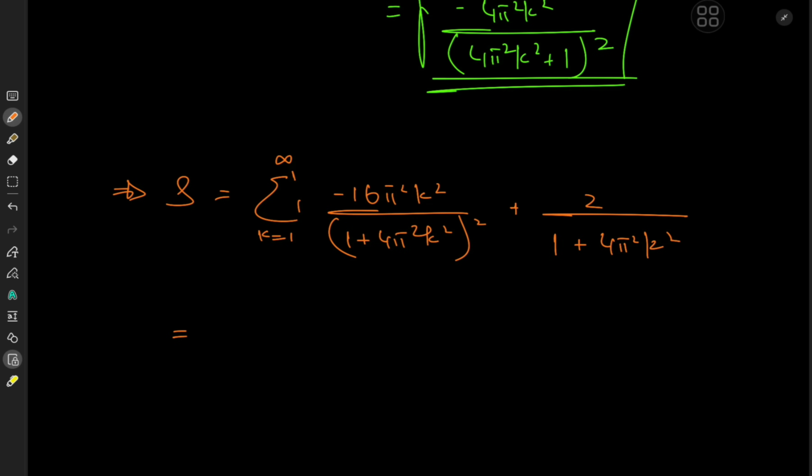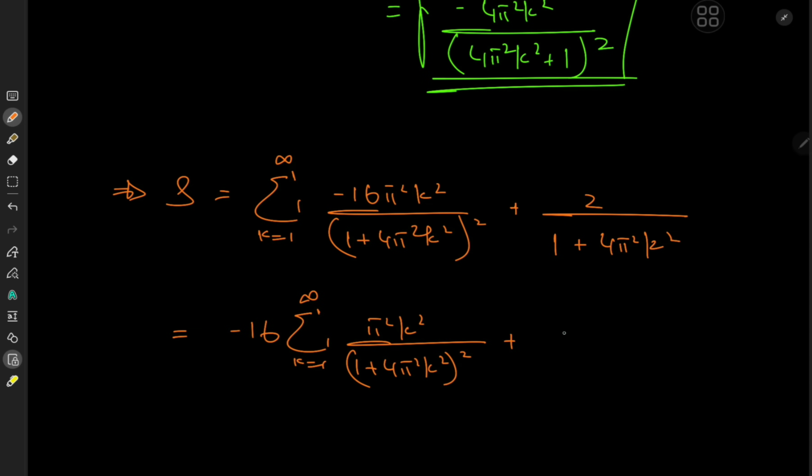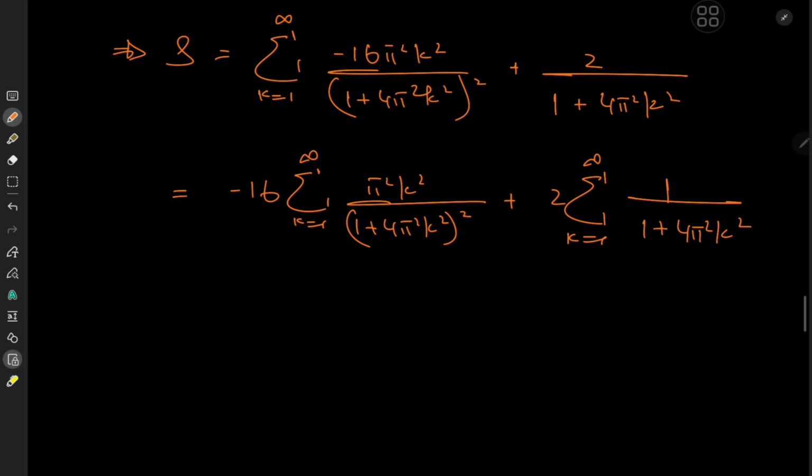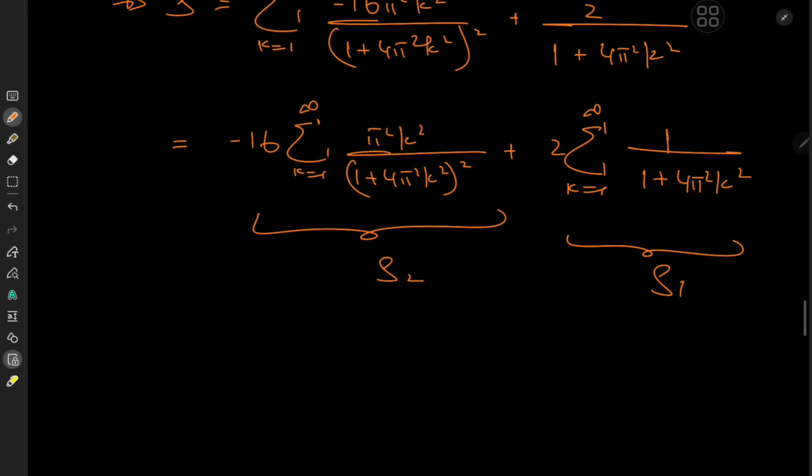So we have now negative 16 times the sum over k from 1 to infinity of pi squared k squared over (1 plus 4 pi squared k squared) squared, plus twice the sum over k from 1 to infinity of 1 over 1 plus 4 pi squared k squared. And I'm going to call this thing over here s sub 2 and this thing over here s sub 1 because that's the first sum I'm going to evaluate.